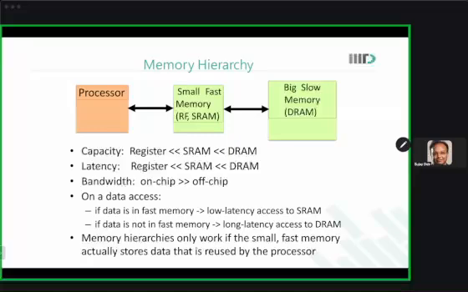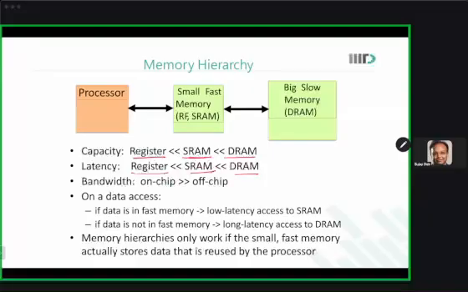We will implement this cache using SRAM, because the performance is intermediate. It's not as expensive as, let's say, your registers, but performance-wise it is much better than DRAM. Capacity-wise, registers are much smaller than SRAM, and SRAM is much smaller than DRAM. Latency-wise, registers have the best latency, followed by SRAM, followed by DRAM.